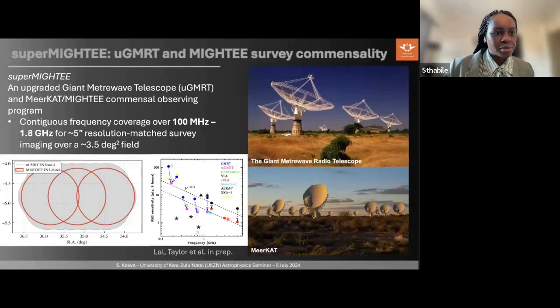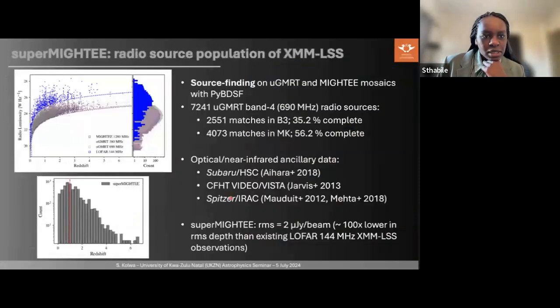Okay, so here I've shown some coverage on XMM-LSS and also a comparison of RMS sensitivity for uGMRT compared to GMRT. Of course, uGMRT is an upgrade, so there's a higher sensitivity, and compare that to legacy surveys.